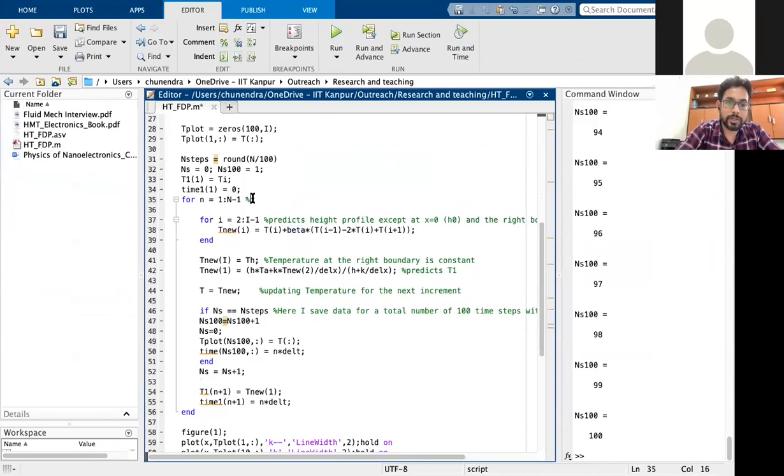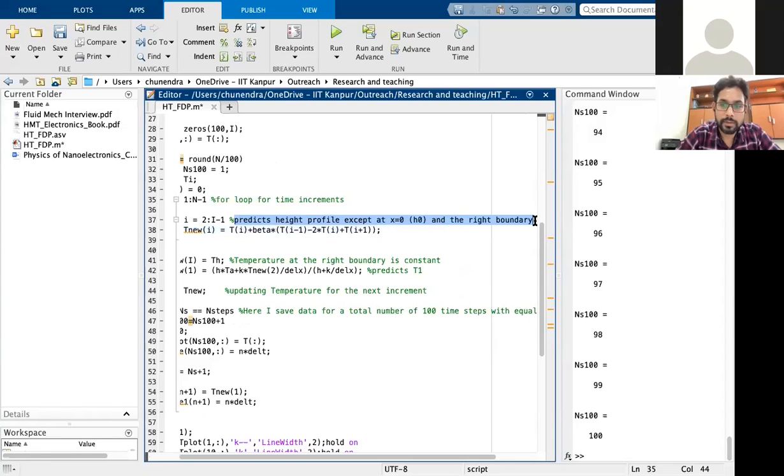So this for loop is for time increments, and this one is a for loop for the grids.